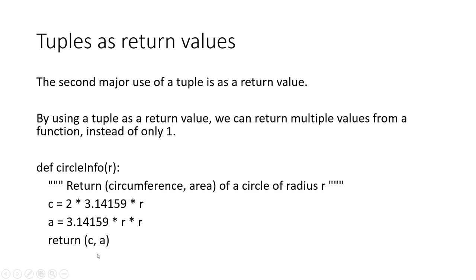We can then return the tuple c, a, which contains both of these values. And so using a single function, we can actually return two pieces of data that we can then reference in the calling function by their index.